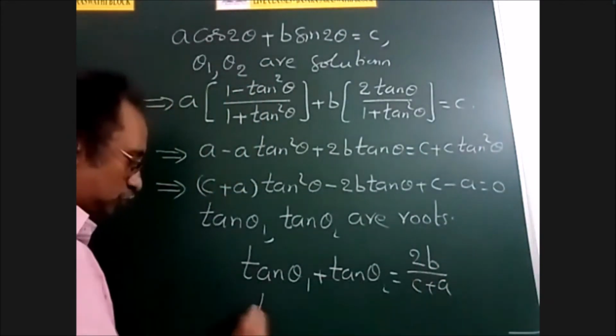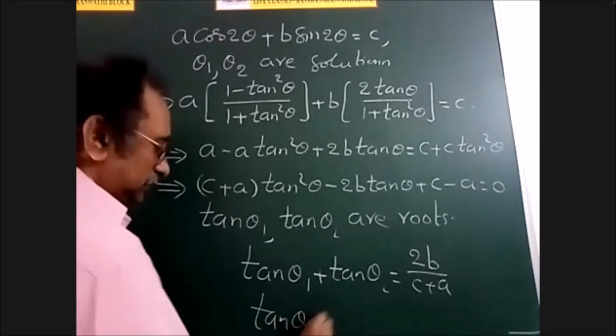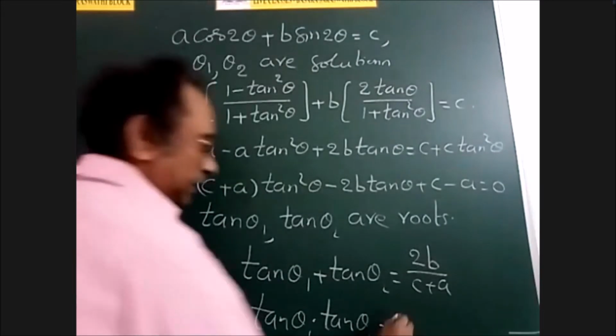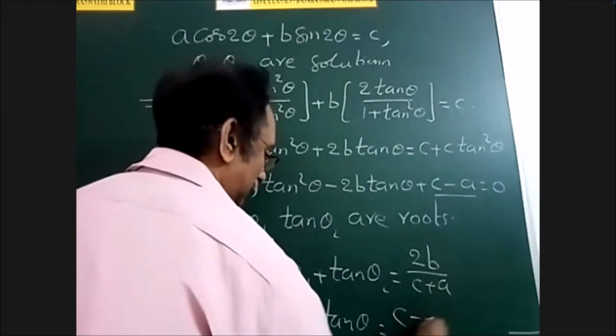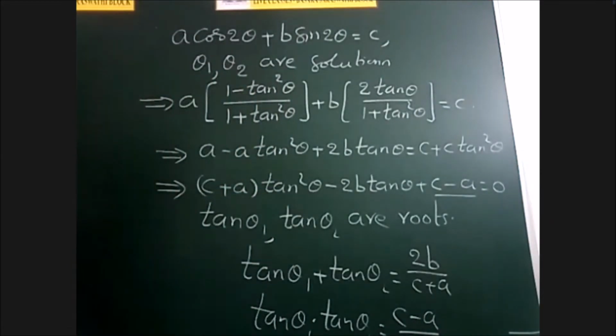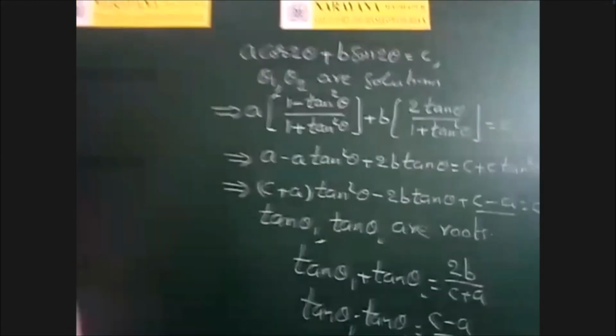And product of the roots, that is tan theta 1 into tan theta 2, is c by a. Here c means the constant, which is c minus a. So c minus a by c plus a. So that is the answer. Write down.